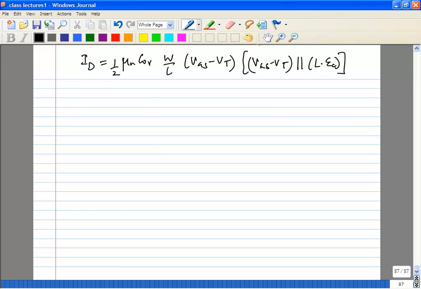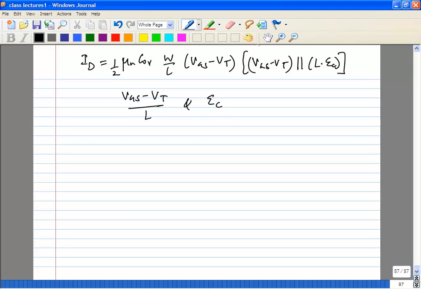This obviously goes to the long channel value when VGS minus VT is much smaller than L times EC. So you compare VGS minus VT and L times EC. Anytime this ratio, VGS minus VT over L times EC, is small, you can assume that your long channel approximation is valid because this will reduce to VGS minus VT. But the minute this starts getting close to EC, then you have to start worrying about these short channel effects. Is that clear?